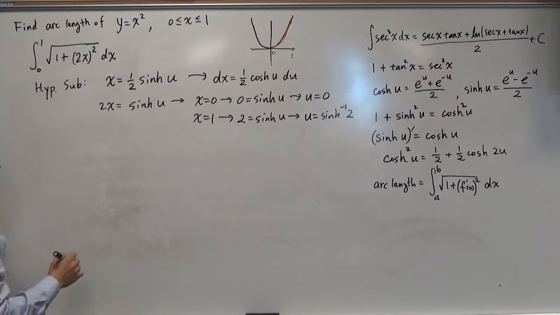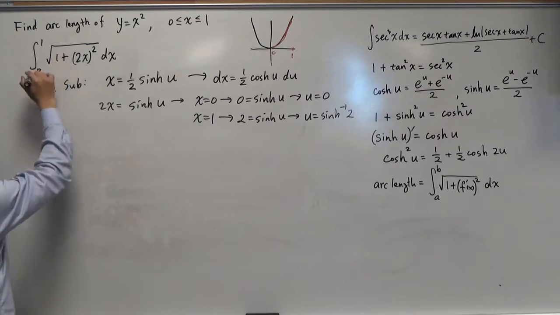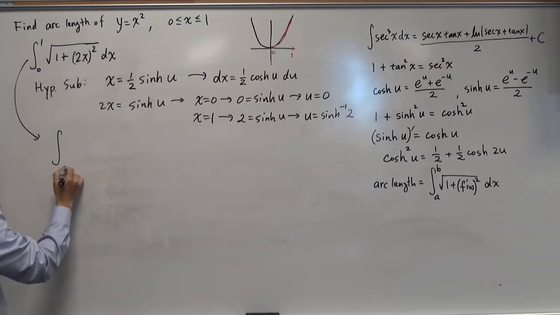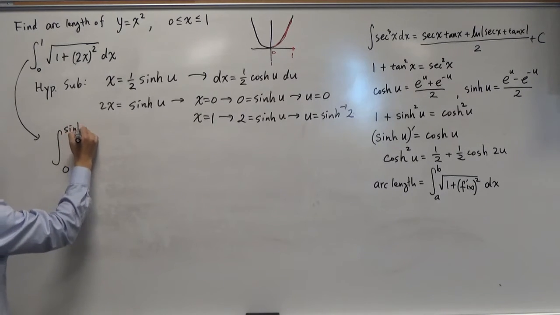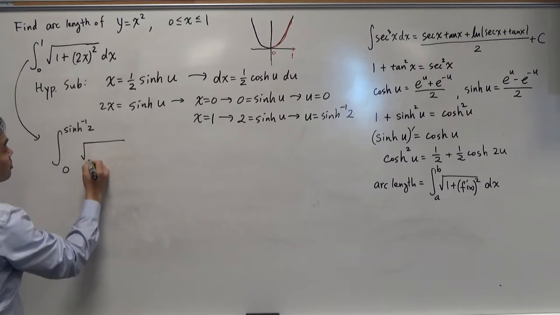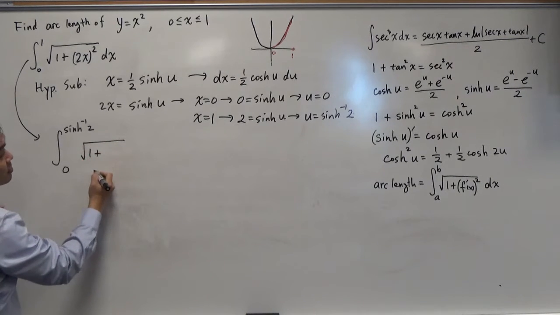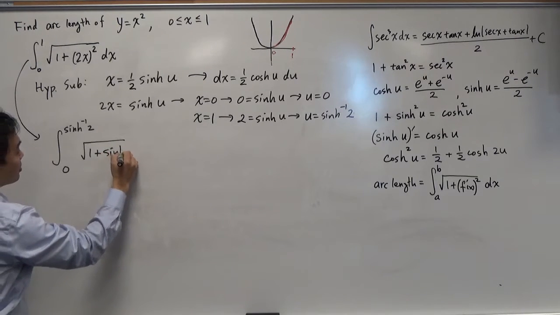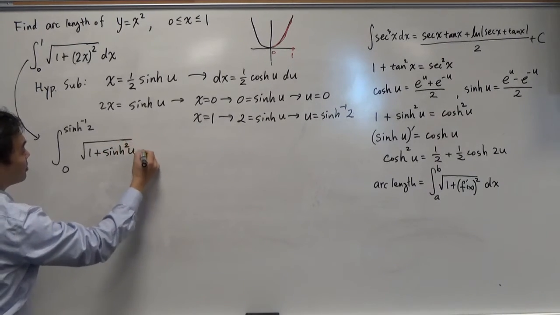Okay, so now we are going to change this integral with respect to u. It's 0 to sine hyperbolic inverse of 2, square root of 1 plus sine hyperbolic of u squared.